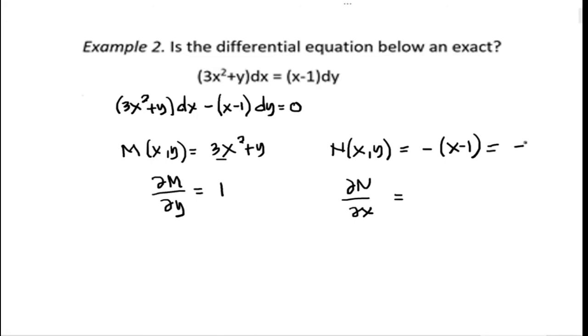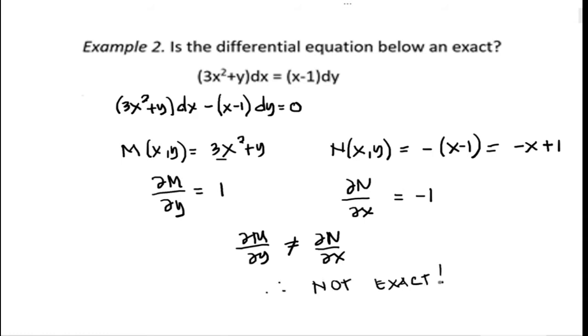So this is negative x plus 1. As noticed, the derivative here for negative x is negative 1. Then for the constant 1, that is 0. Therefore, our partial derivative of M with respect to y is not equal to our partial derivative of N with respect to x. Therefore, this is not exact.